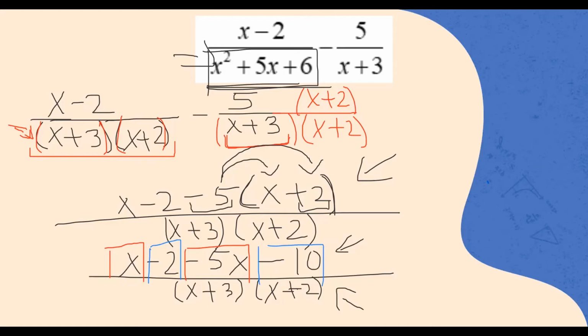And remember, a like term is a term which has the exact same variable with the exact same exponent. You have to have the same variable and the same exponent. So now when you do that, if you combine x minus 5x actually gives you negative 4x, because 1 minus 5 is negative 4, and then x comes down like that, and then you have negative 2 minus 10 gives you negative 12.